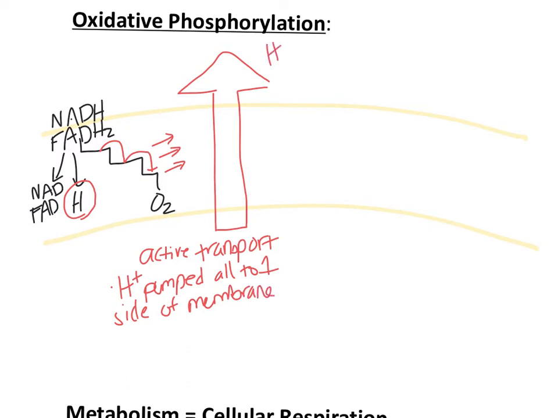We then end up with a super high concentration of hydrogens all on one side of the membrane. We call that a concentration gradient, which means there's way more of something on one side of the membrane. So we have a large amount of hydrogen all on one side of the membrane.